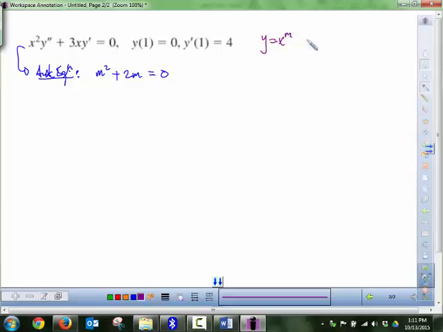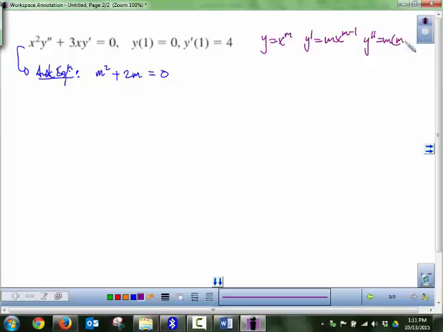So if I were to check, this is how I would do it. y is equal to x to the m, y prime is equal to m, x to the m minus 1, and y double prime is equal to m times m minus 1, x to the m minus 2. And then I would put that into my differential equation.